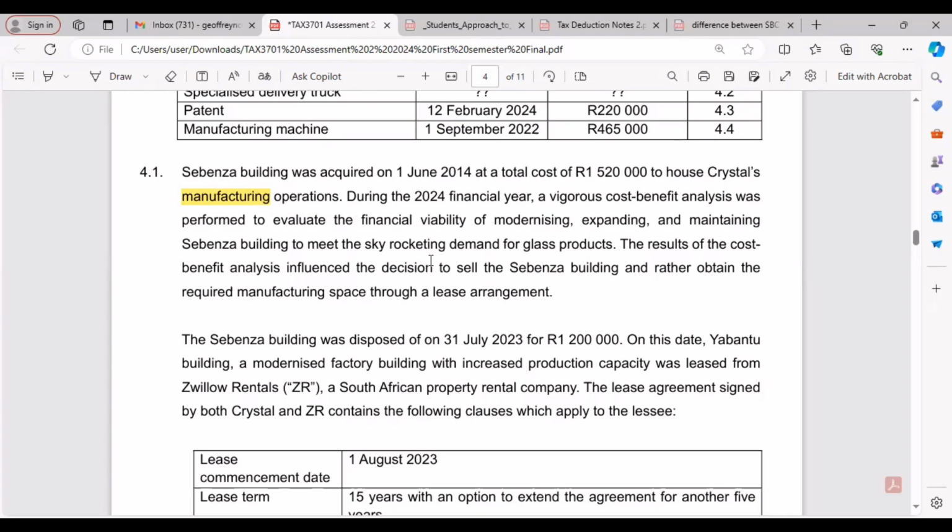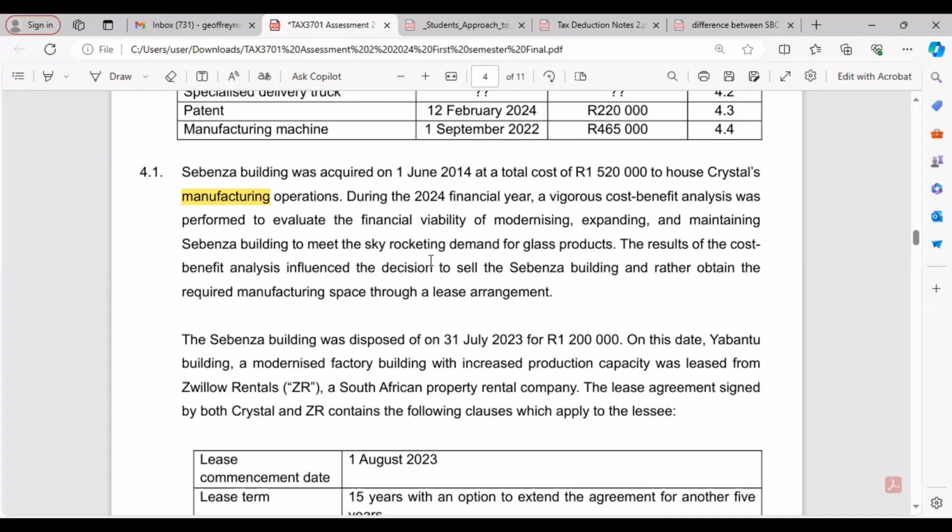Whenever a company has a building, whichever company you're working for, if you go to their tax returns, or whoever does your taxes, you see it's section 13. That's where they talk about all buildings owned by companies, whether it's an office building, manufacturing building, or residential buildings, everything is under section 13.